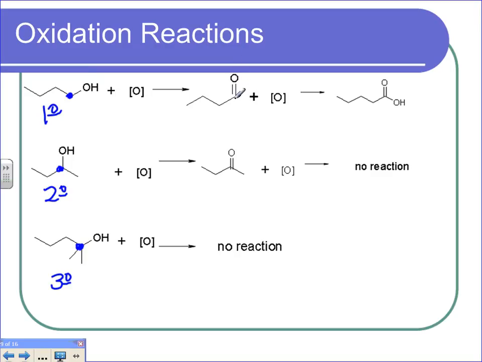Now, because this carbonyl is at the end of the chain, what we've produced in this case is an aldehyde. Okay, so primary alcohols are oxidized to aldehydes. Secondary alcohols, the OH again converts to a carbonyl. In this case, because in a secondary alcohol, the OH is somewhere in the middle of the chain, we've now produced a ketone.